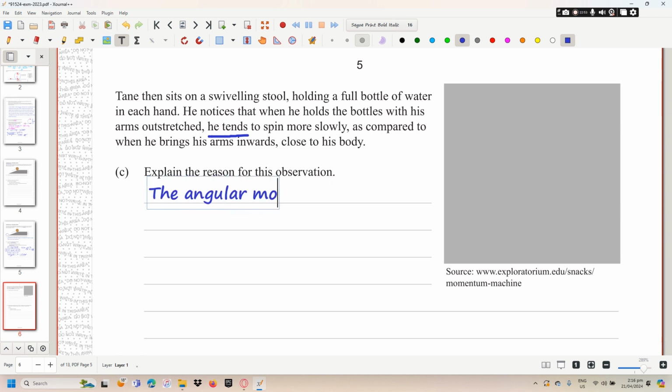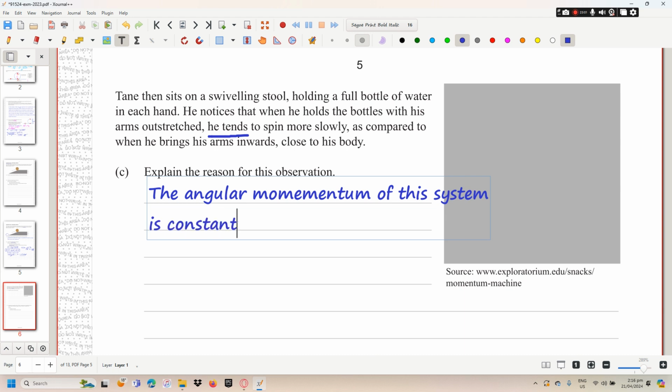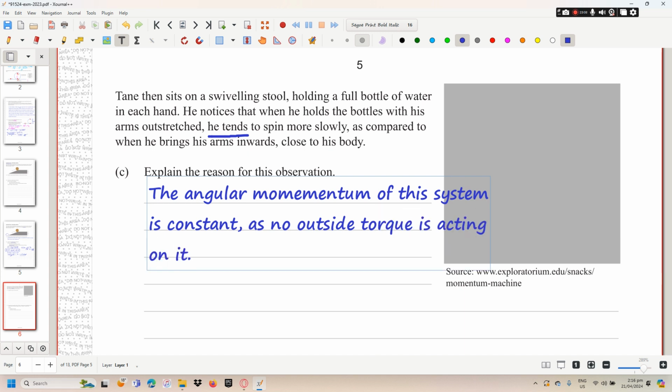The angular momentum of this system is constant as no outside torque is acting on it.